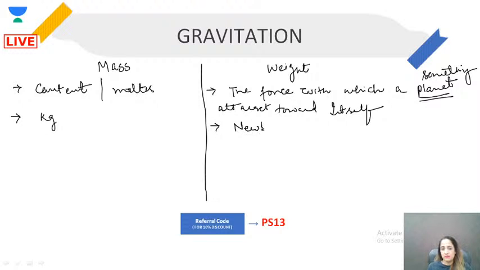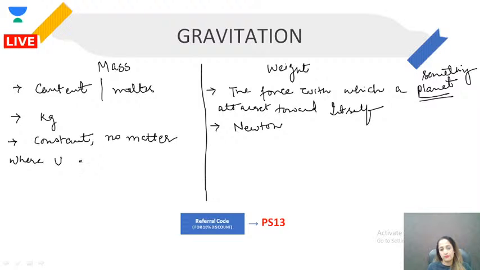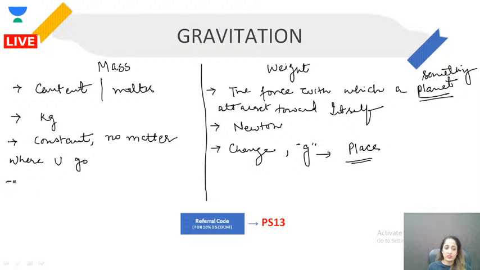I will write Newton. As this is the content, it is going to be constant no matter where you go, because you are you. It is going to be the same. As compared to this, weight is going to change depending upon the acceleration due to gravity of that place. For example, I showed you 3 examples of Earth, Moon and space.